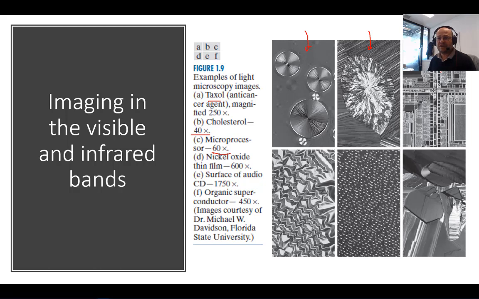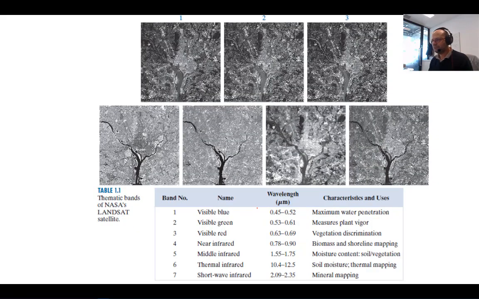When in this lecture I say visual, I'm talking about computational vision, right? Computer vision inspection. Nickel oxide film, surface of an audio CD. That's quite interesting. And this is an organic superconductor enhanced 450 times.